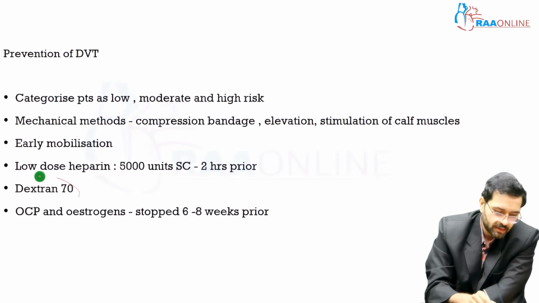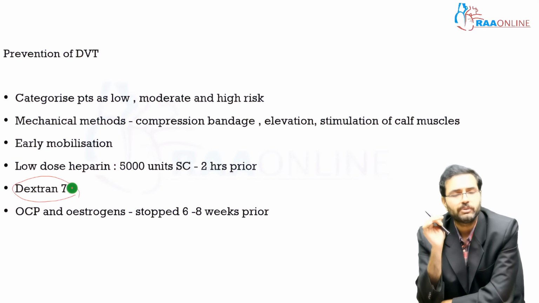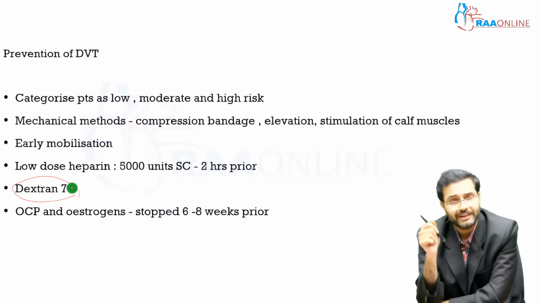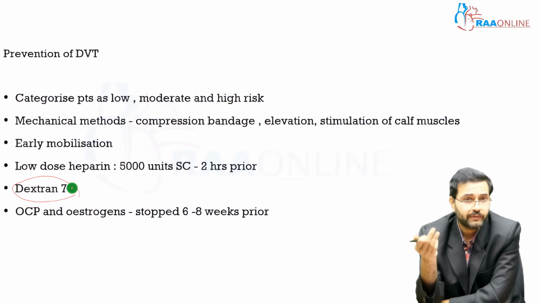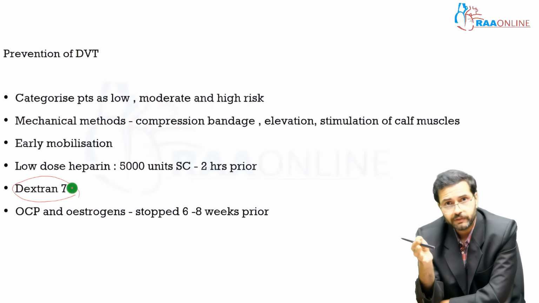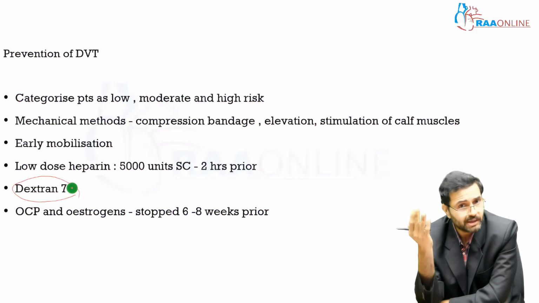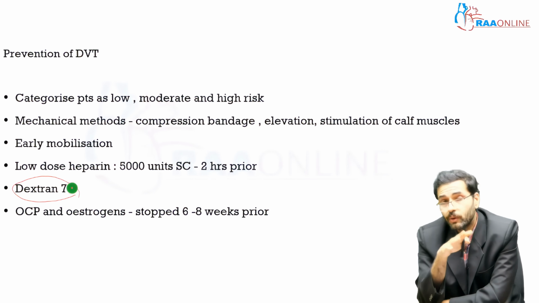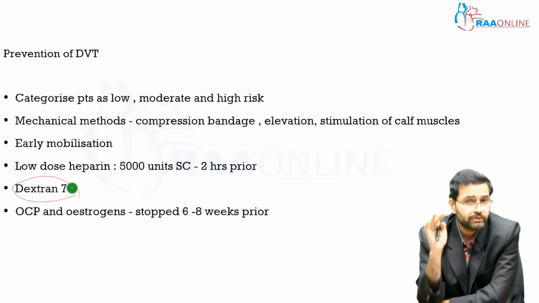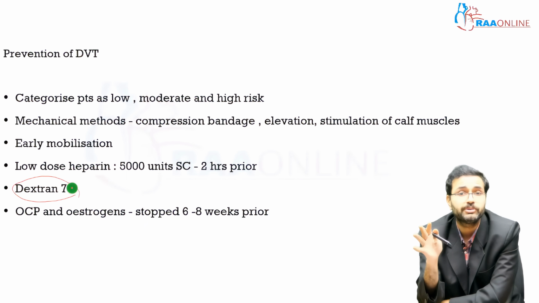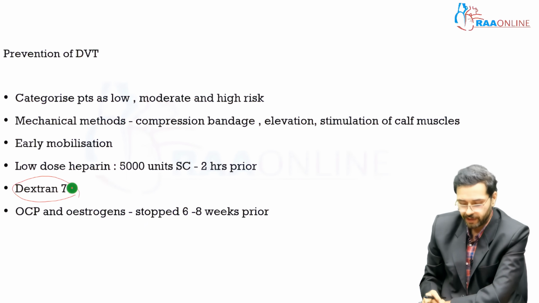Use of dextran 70 is also said to play an important role to prevent DVT. 500 ml of dextran is given preoperatively and postoperatively, and that is said to play an important role in preventing deep vein thrombosis. OCPs, oral contraceptive pills, and estrogens should be stopped 6 to 8 weeks prior to any surgical procedure in order to reduce the risk of deep vein thrombosis.